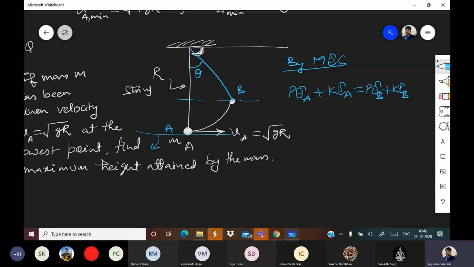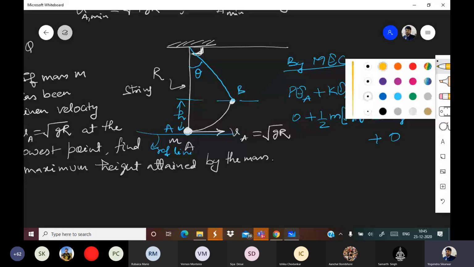A point I am taking as reference line. So PEA will become 0. KEA is half M into root GR whole square. PEB, let's say this height is H, so that will be mgh, plus KEB 0, because velocity will become 0. So let us solve it further.